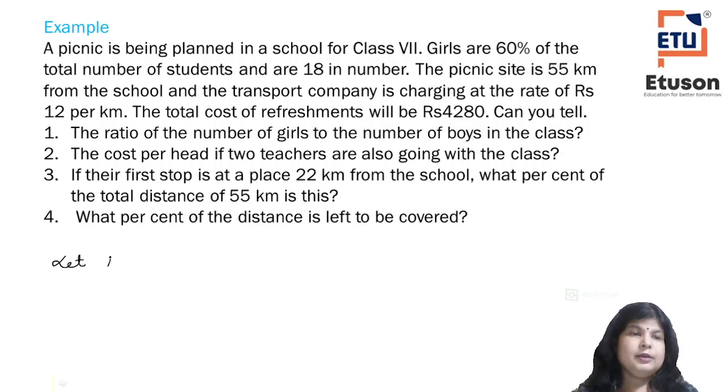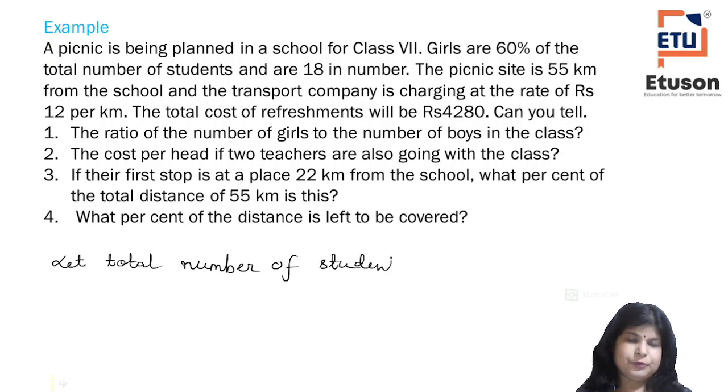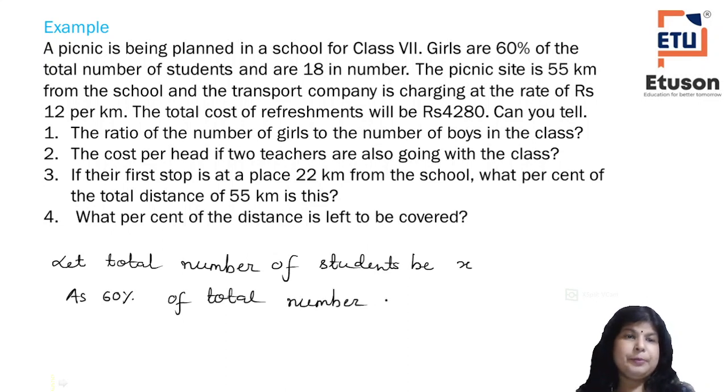So let the total number of students be x. Here the total number of students consists of boys and girls, right? So the total number of students we have assumed to be x. 60 percent of the total number of students are girls.